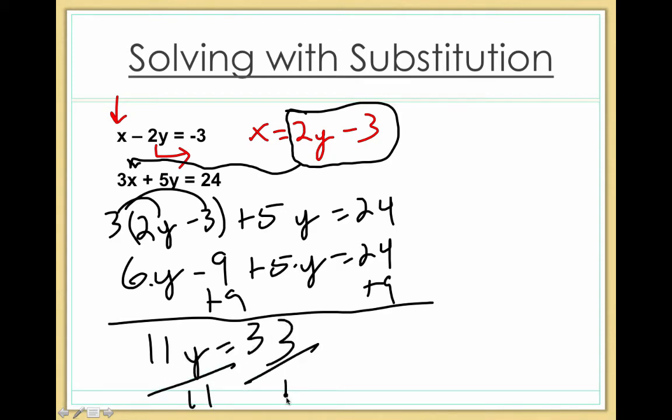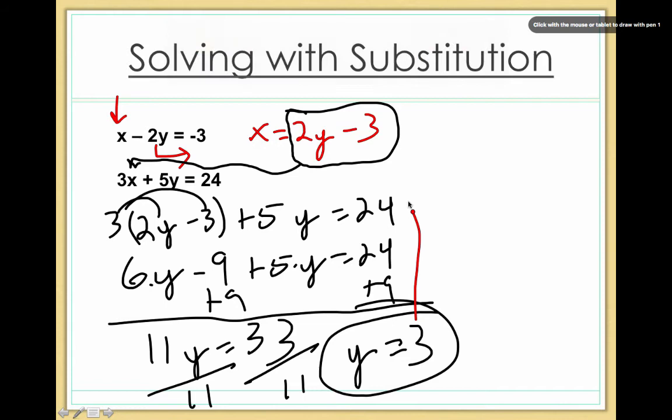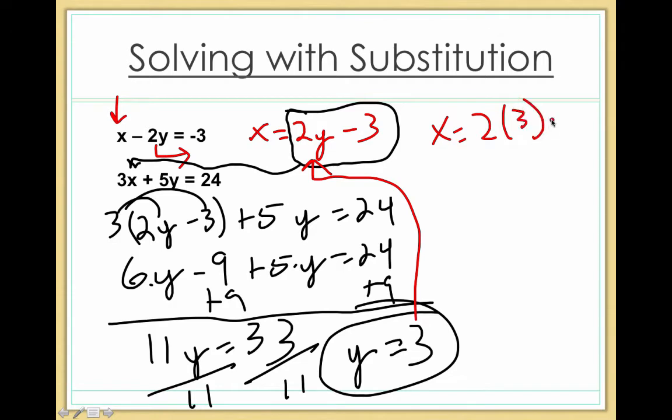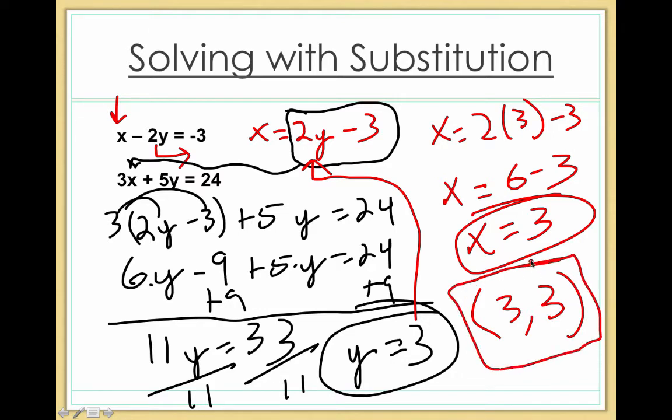Divide by 11, divide by 11, y is 3. Take that value, substitute it back up here. x equals 2 times 3 minus 3. x equals 6 minus 3. x is 3. My solution is always an ordered pair. Please make sure you write it as an ordered pair and put parentheses around it.